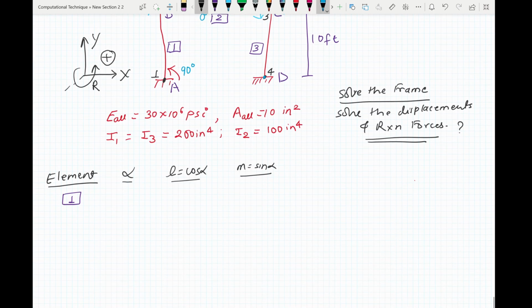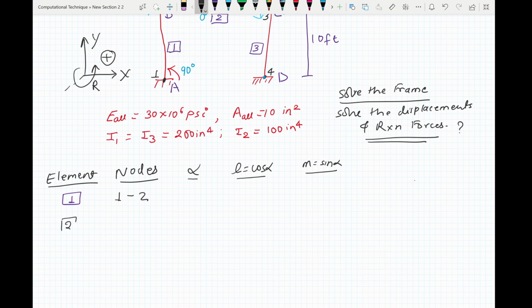What I'll do here is I'll add another column here, which will say nodes. So for element number 1, you'll be looking at node 1 to node 2. For element number 2, you'll be looking at node 2 to node 3, and for element number 3, you'll be looking at node number 3 to node number 4.